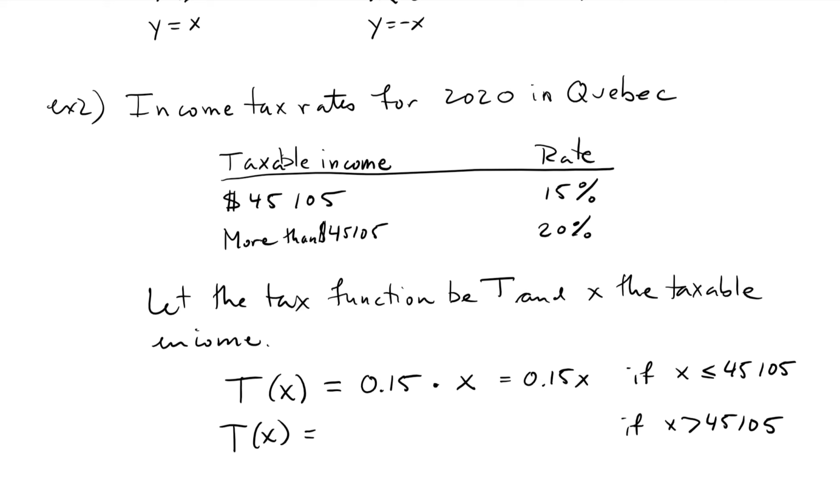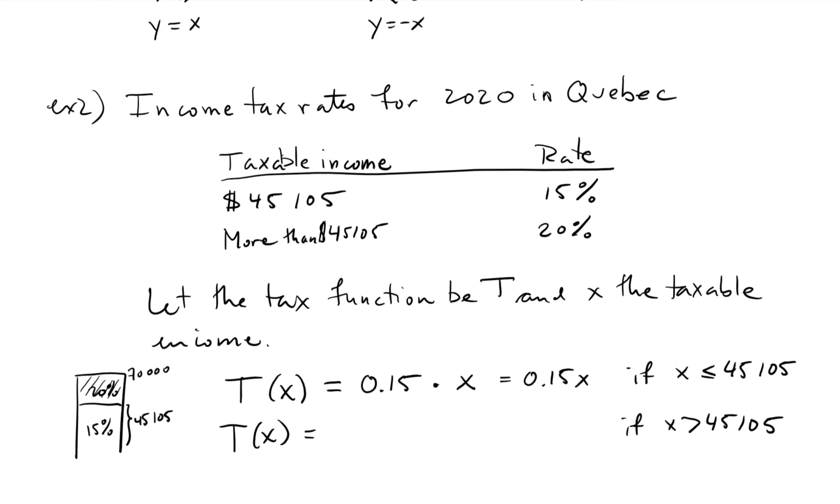Hang on, let me re-explain this in a better way. Let's say you earn $70,000. On that first $45,105, the government's going to take 15%. For whatever is left, the government's going to take 20%.